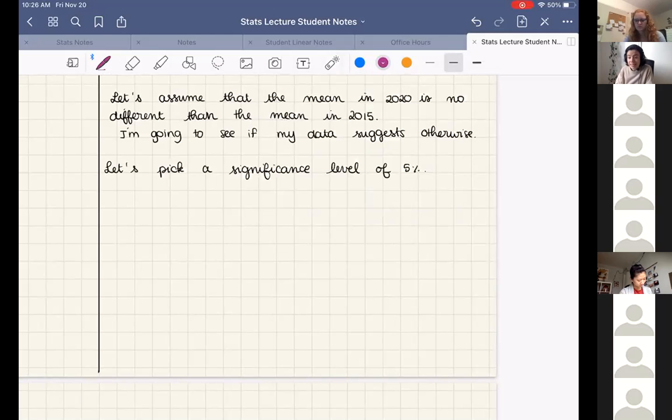I'm going to say that my data contradicts the original assumption. So this is the assumption that I have, right? I'm going to assume that the mean in 2020 is no different than the mean in 2015.